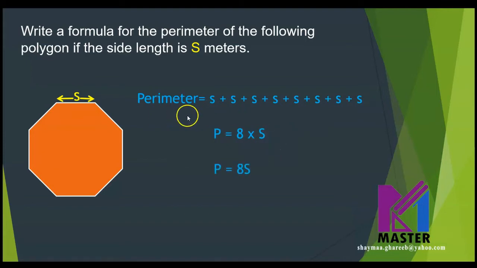So this is the formula that describes the perimeter of this polygon. Now do you understand how to write a formula? We just write the rule of finding the perimeter using letters instead of numbers. So I use S for the side length. Is this clear?